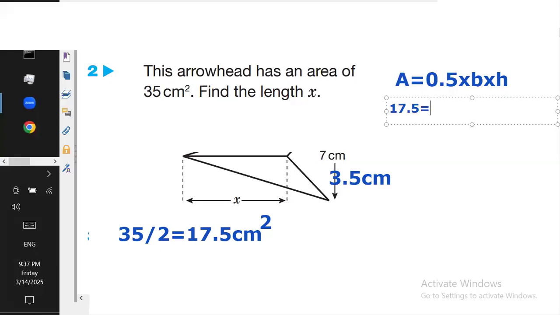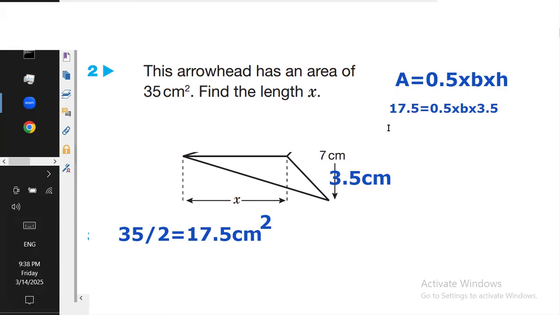So 17.5 equals half, which is 0.5, times the base. Let's call it b. I don't want to confuse the x with the multiplying sign, so let's call it b. And then times height, which is 3.5.